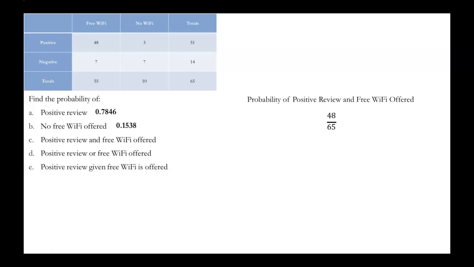Our denominator remains the total amount until we get to the givens at the very end. So we go 48 divided by 65. So the probability of a positive review and free Wi-Fi, that's going to be 0.7385.